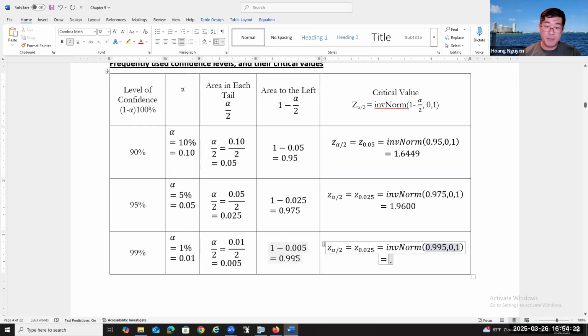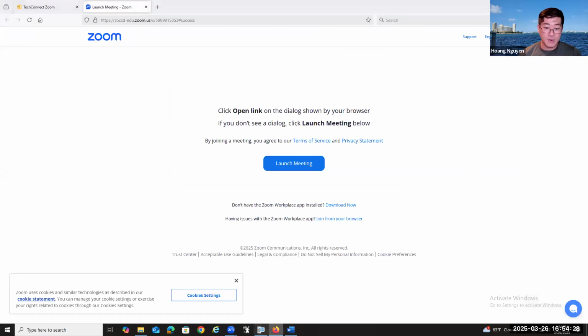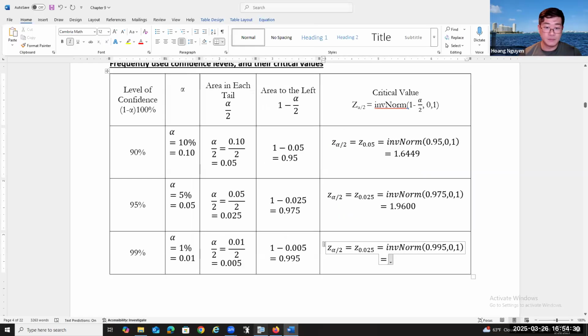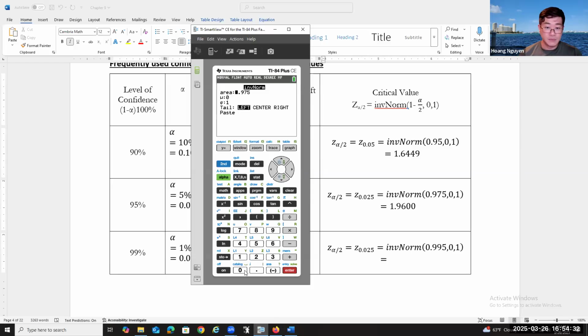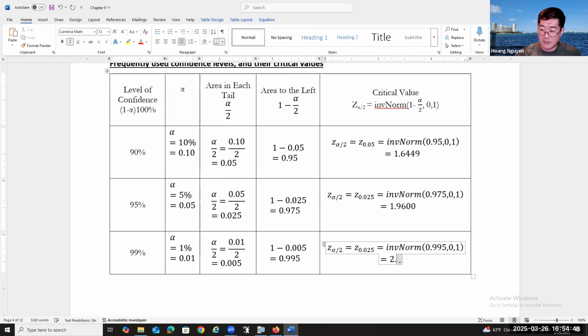Yeah, the area to the left is 0.995. I forgot to change it, okay. 0.995. Okay, and now the mean is zero and the standard deviation equals 1. We have the left tail area. Let's go down to paste. Okay. So 2.5758. So 2.5758.